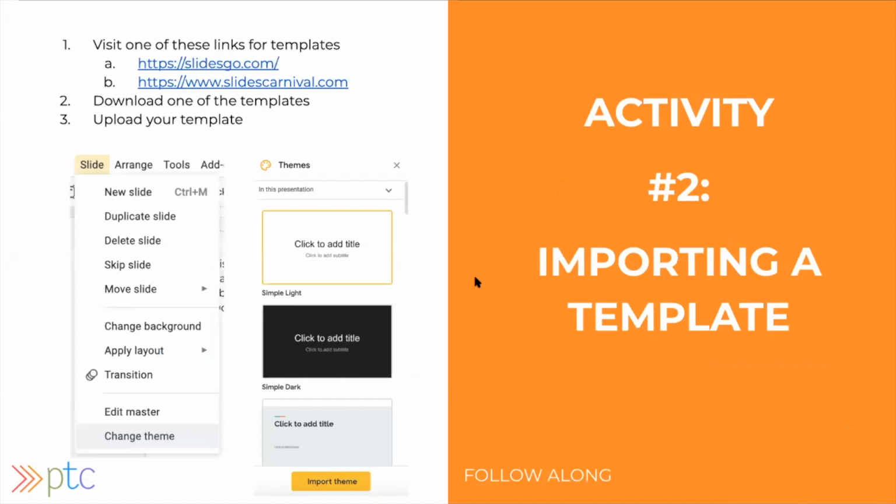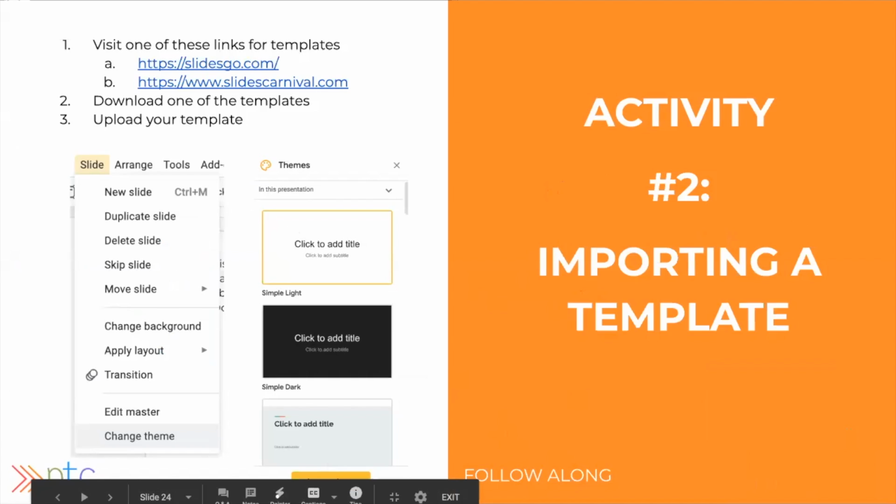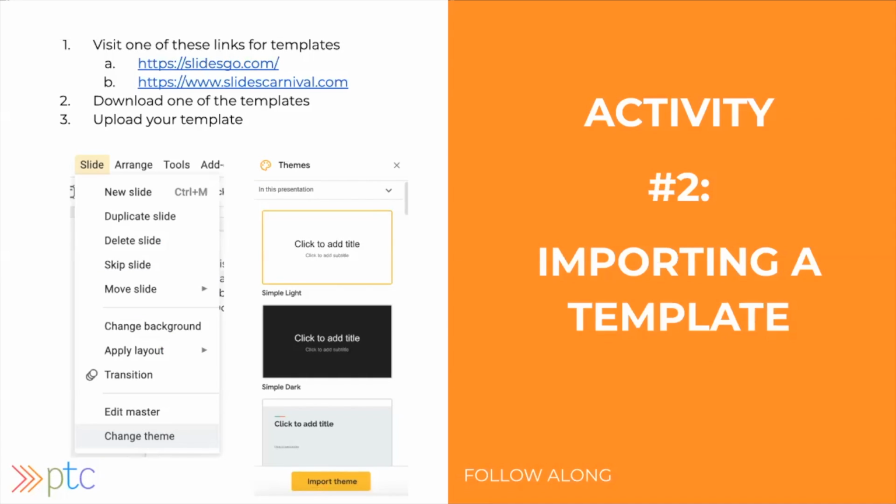So this is a fun activity. You guys can visit one of these link templates, then download one of the templates. After that you can click Slide, then click Change theme, then click Import theme.